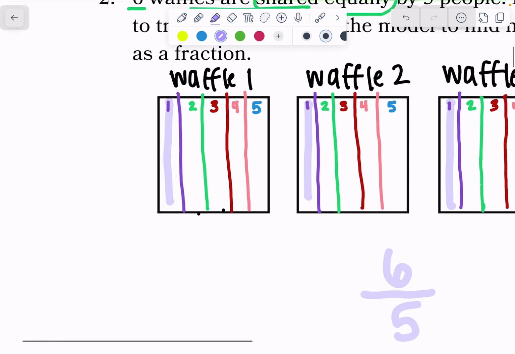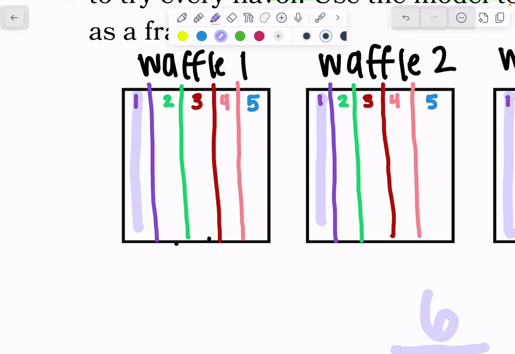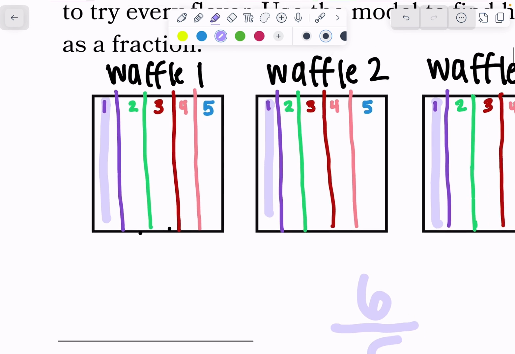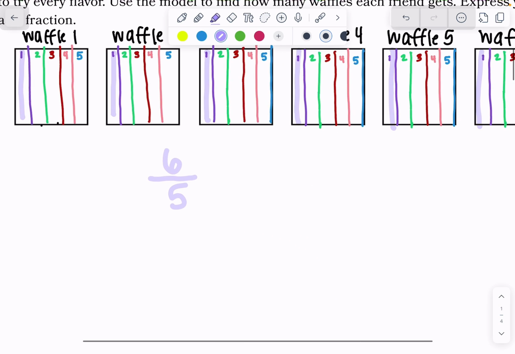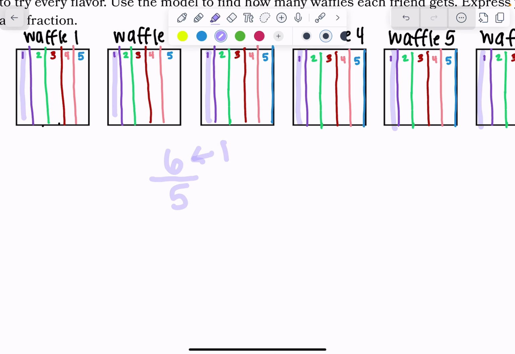Because look, we've divided each of our waffles into 5ths, right? But she's going to get 6 parts of those 1/5. So this is how many parts she got, or how many pieces she got. And this is the number of parts divided, okay?